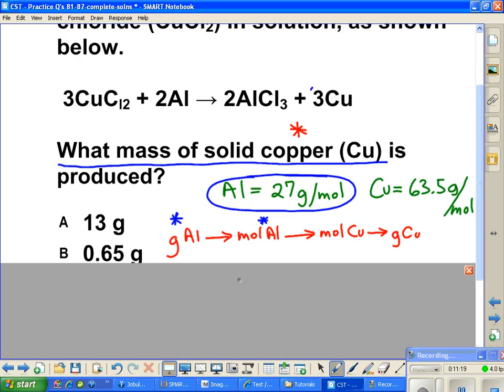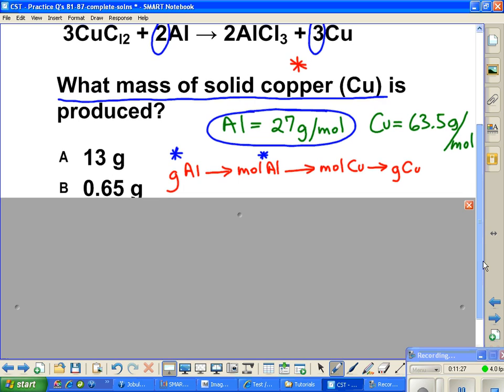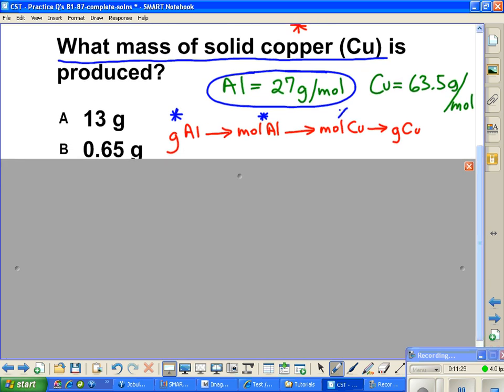And so we've got copper to aluminum, or aluminum to copper in this case. That's where we're going to use those mole ratios we just circled. The next part is to get us back to grams of copper, and the grams of copper is given right up here. We found this, remember, on the periodic chart.